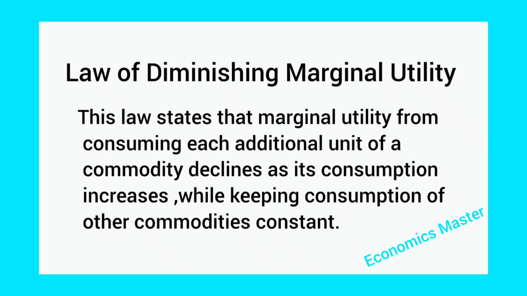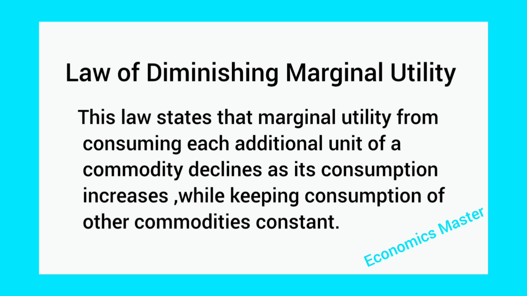Law of diminishing marginal utility. This is an important law and it was first used by Hermann Heinrich Gossen. It is also known as Gossen's first law, but it was popularized by Alfred Marshall.